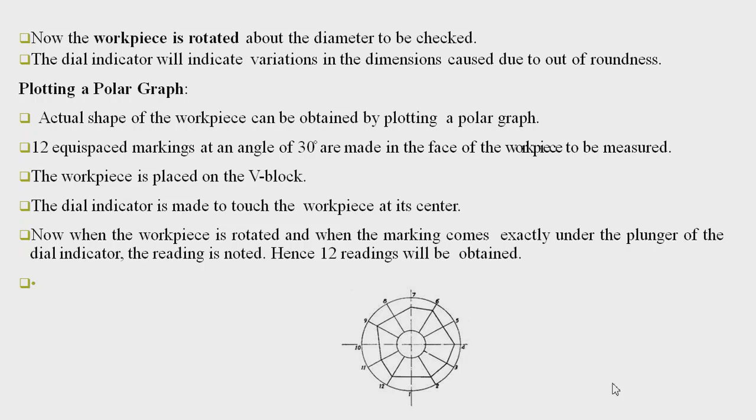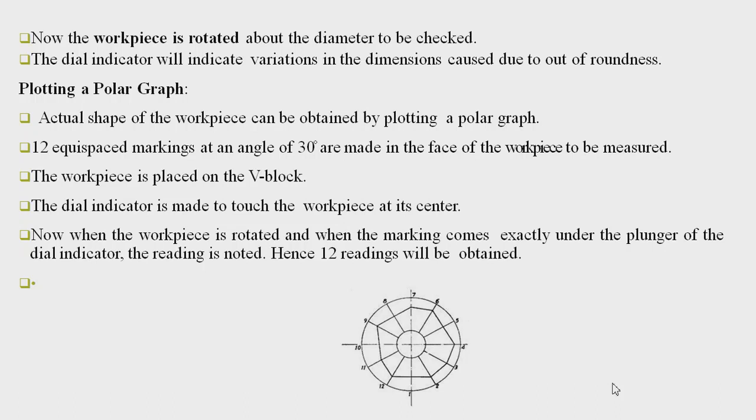Now there is another method using the same V block and dial indicator. It is plotting a polar graph. What we want is the actual shape of the workpiece, which can be obtained by plotting a polar graph. Now 12 equispaced markings at an angle of 30 degrees are made on the face of the workpiece to be measured.